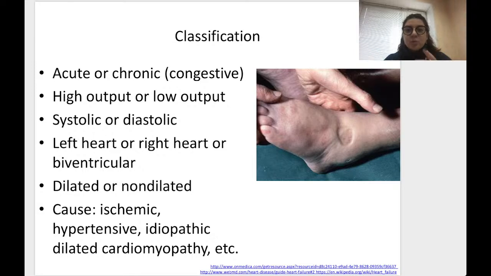According to which side is more affected, it can be left heart, right heart, or biventricular failure. According to the presence of dilation, it can be dilated or non-dilated. And by cause, we can divide all heart failure into ischemic, hypertensive, idiopathic, and dilated cardiomyopathy. There are other, much more rare causes, and today we will discuss just the main ones.